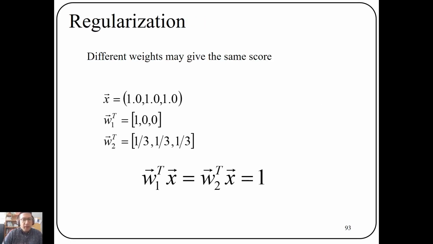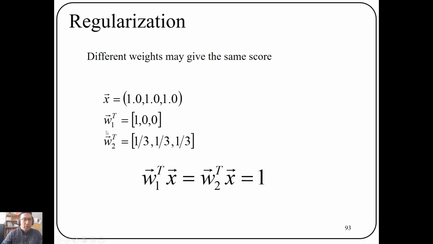Something else to keep in mind is that most of the time our loss function comes with a so-called regularization function. So what is this? If you take the input value x here, which contains all ones everywhere, the dot product between x and w1 and the dot product between x and w2 is going to give you the same score.